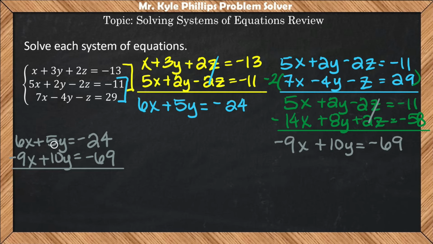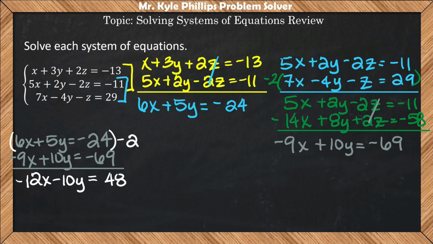So it looks like it's going to be easier to cancel out the y's here because I can just multiply 5 by negative 2, because remember we want the signs to cancel. So negative 2 times 6 is going to be negative 12x. This is going to give us negative 10y equals positive 48. And then we'll just rewrite this second equation.